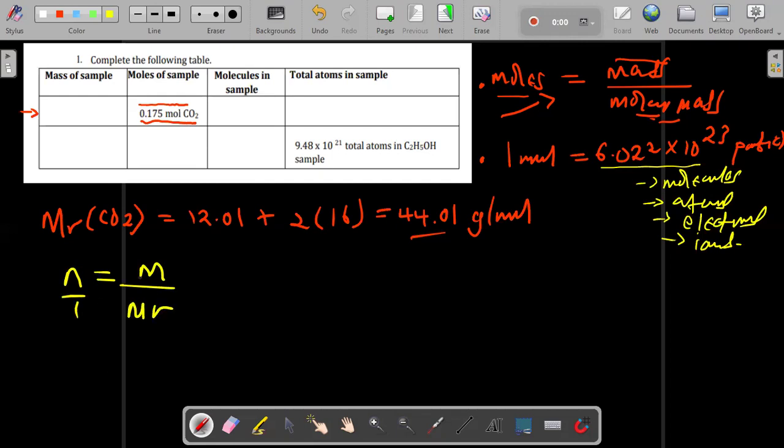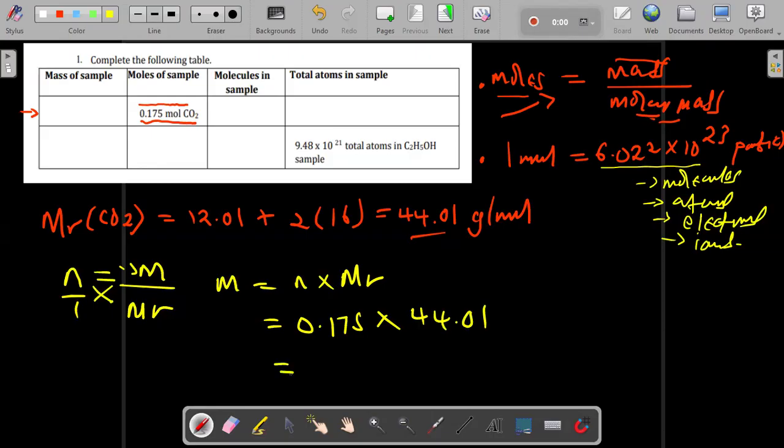If you want to find the mass, you make it the subject by cross multiplying. So mass is equal to moles multiplied by molar mass. The moles we get from the table: it is just 0.175 moles multiplied by the molar mass, 44.01.